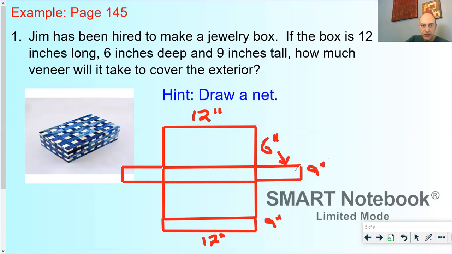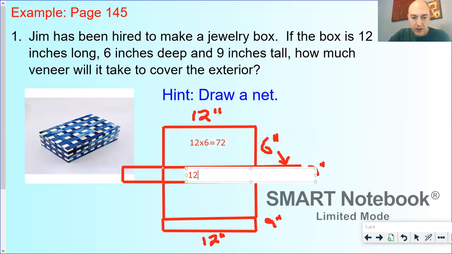And so we can take these together. We're going to have all of our separate areas in here. This one's going to be 12 by 6 equals 72. Right here, we're going to have 12 by 9 equals 108.